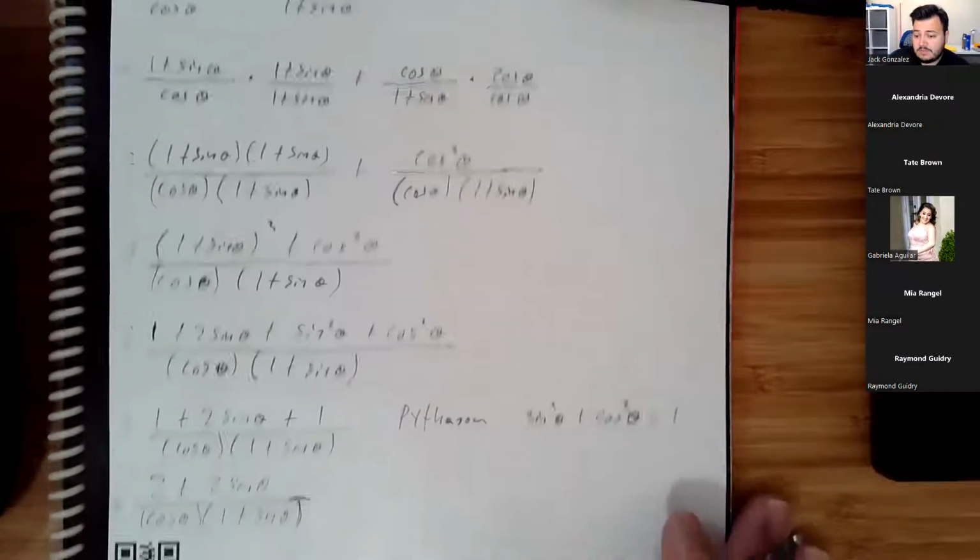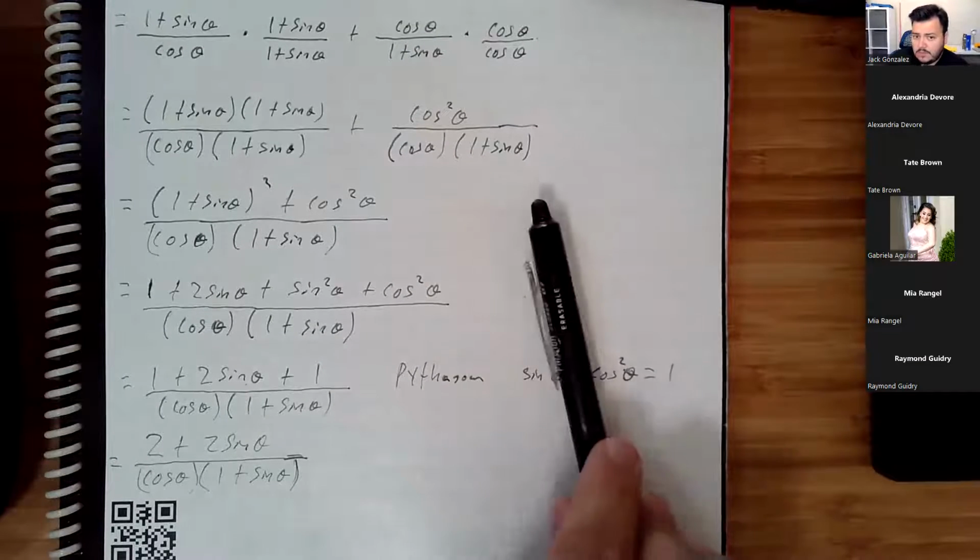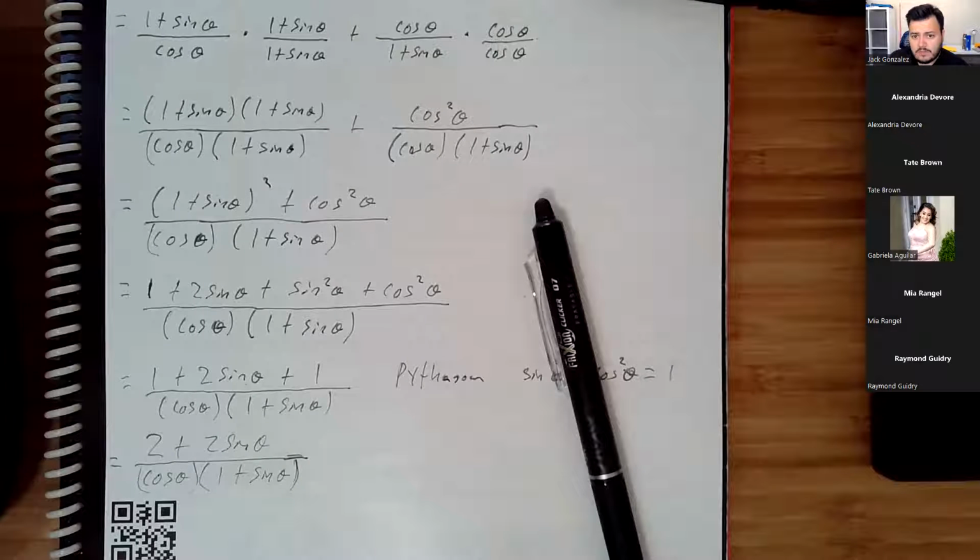So I want to finish in the next page. So let me let you catch up. I'm going to get a drink really quick. 1 minute. Give me a second.